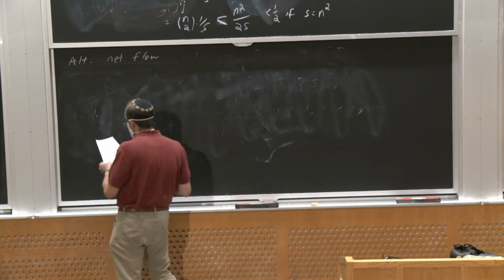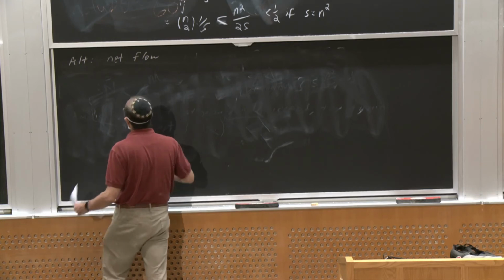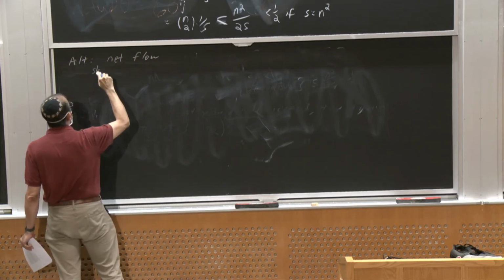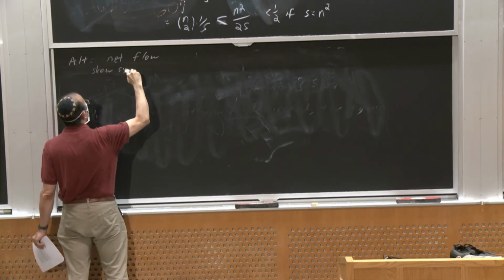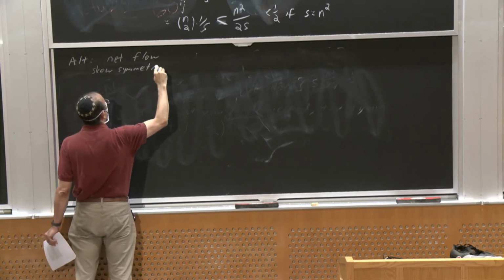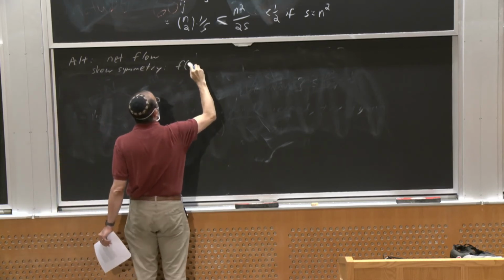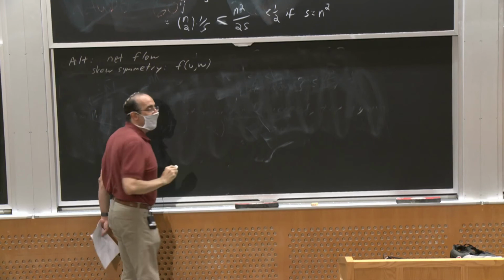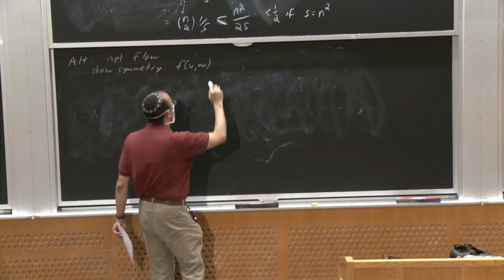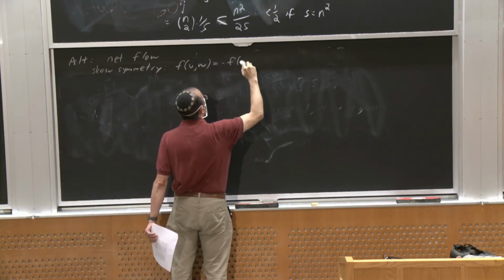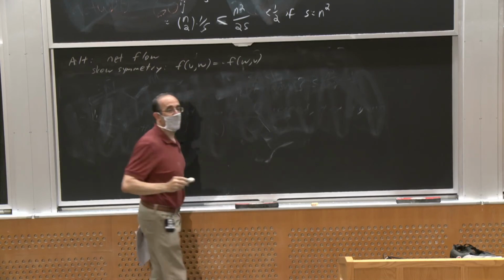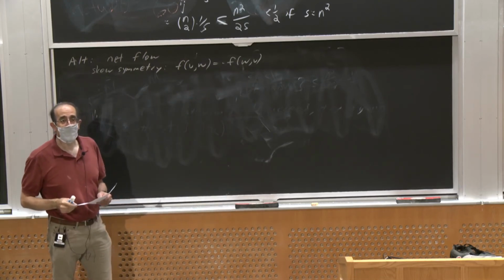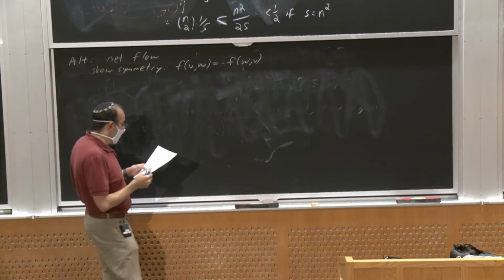So you can talk about a net flow formulation instead, where you have this skew symmetry where F(V,W) denotes the net flow going from V to W, and that's always just equal to the negative of the flow going from W to V, right?